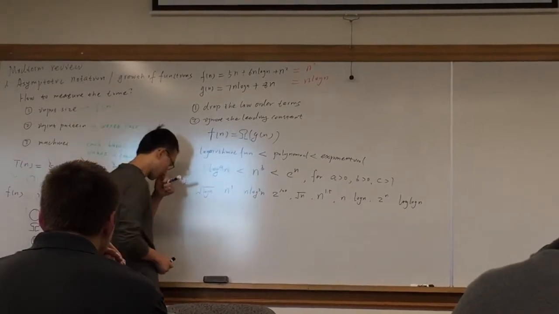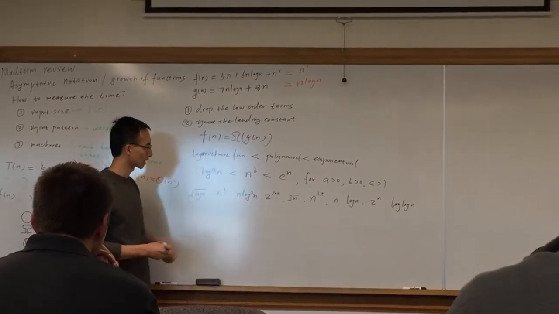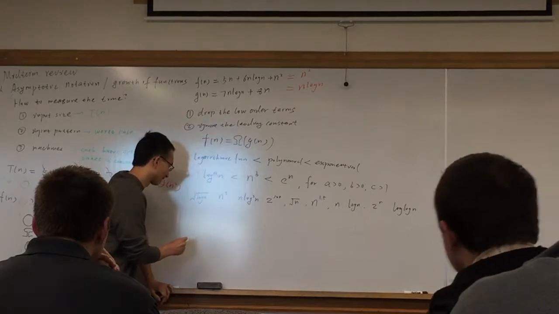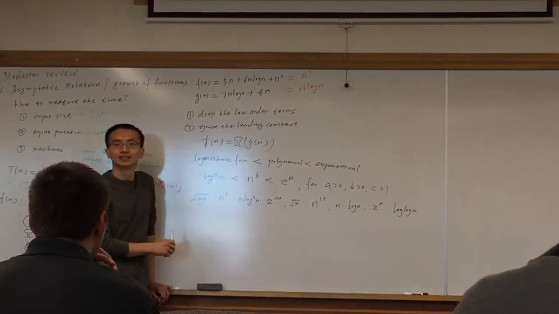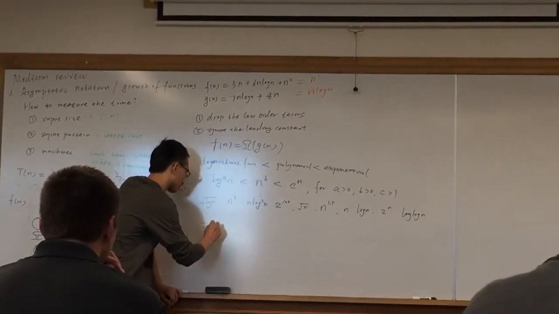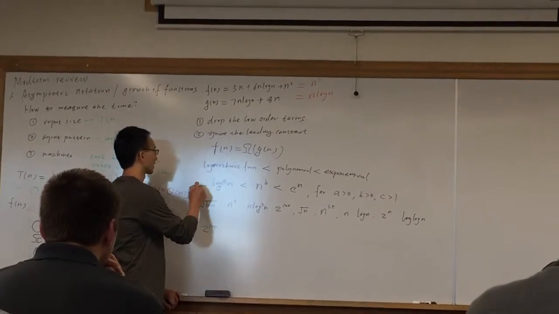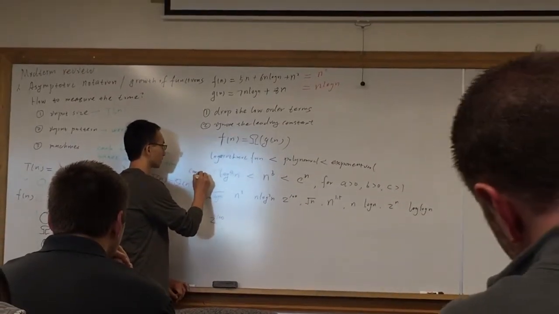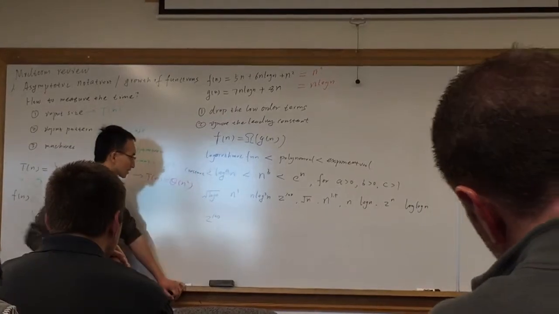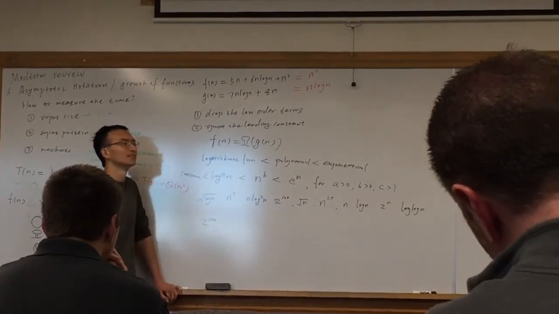Which one is the smallest? Let's write from left to right. 2 to the 100, right? Because this is a constant. So a constant is always smallest. What's the next one?